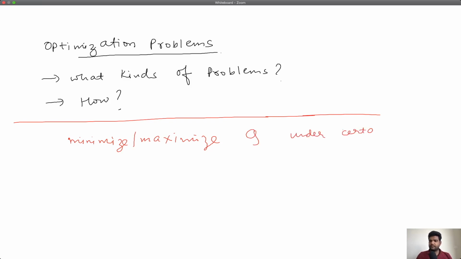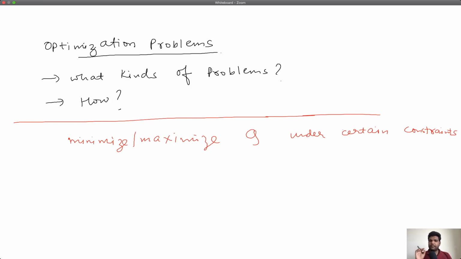So that's a very high level definition of an optimization problem. You are given some quantity X or Q which you have to minimize or maximize, but there are certain conditions under which you need to find the maximum value or the minimum value of that quantity. That's at a very high level the definition of an optimization problem.